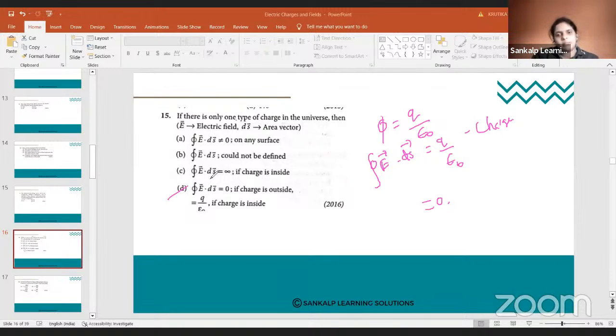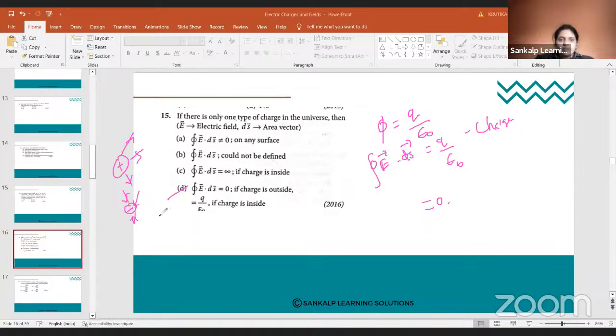Now this can be explained in another way: whether it is a single charge or double charge, it will always produce the electric field. Option C is not correct because, look here, if you have a single charge also, it produces electric field outward. If you have a single negative charge also, it will produce electric field lines.